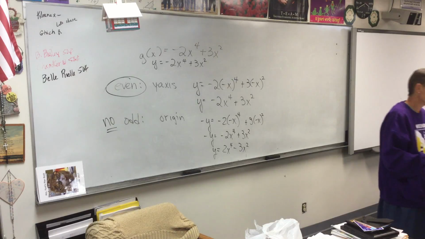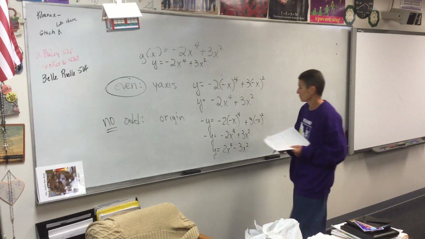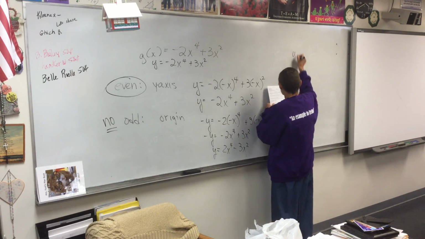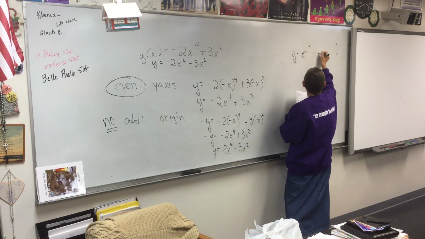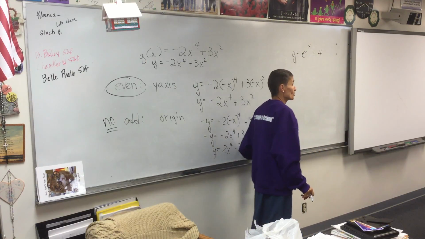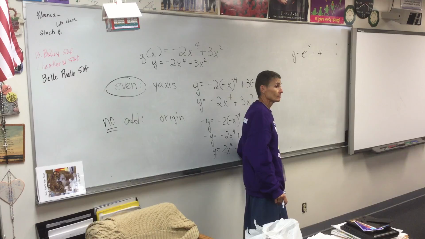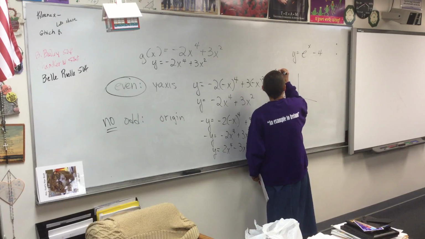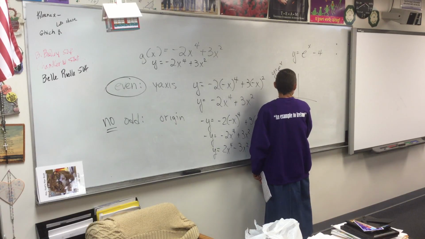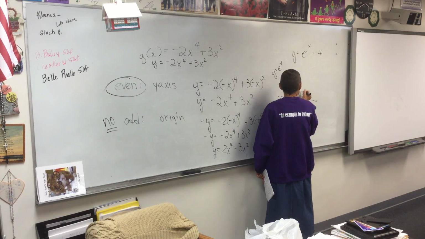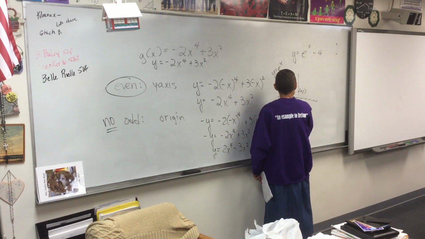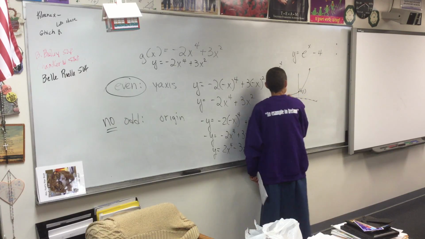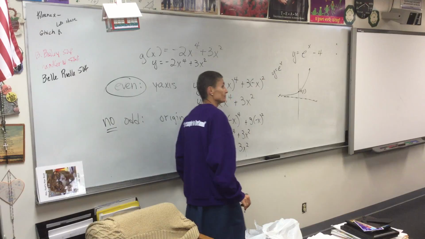Determine the boundedness. This is kind of like the one that was on your quiz. Right? Now, everybody in the room needs to know that y equals e to the x looks like this. That's y equals e to the x.